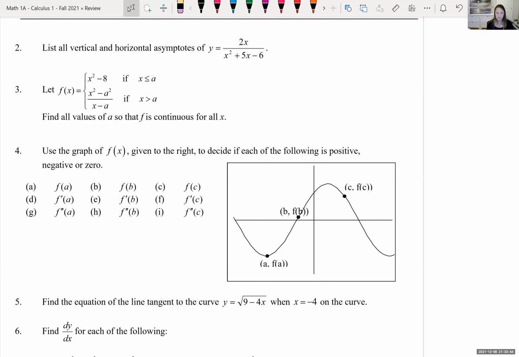Okay, so the next page of this review says list all the vertical and horizontal asymptotes of y equals the following. Would I give you that? I don't know if I would give you one where I would just ask you to find the horizontal and vertical asymptotes. I might ask you to graph that, or I might ask you, let's look at the limit as x is approaching infinity or negative infinity, and that would give us the horizontal asymptote of that function.